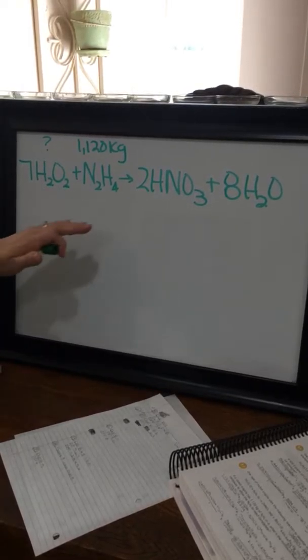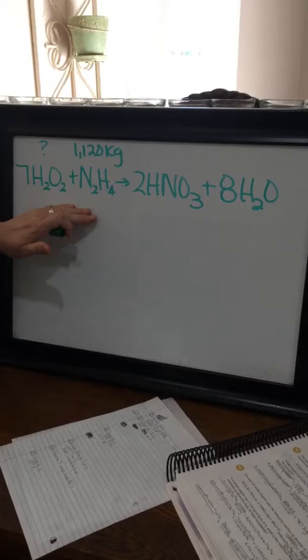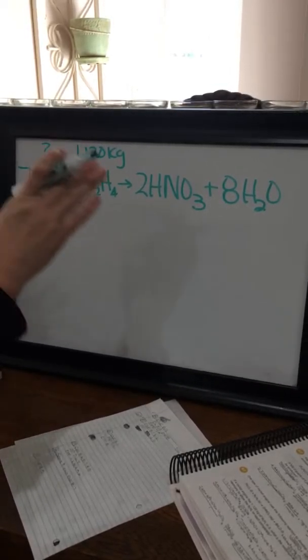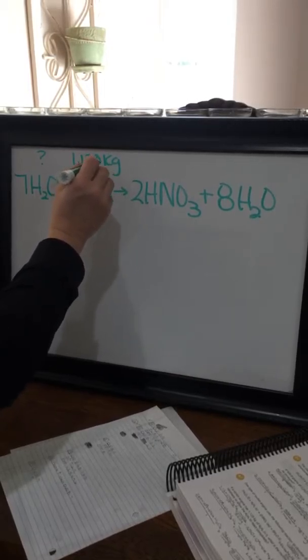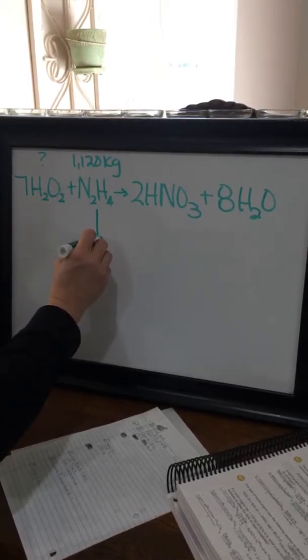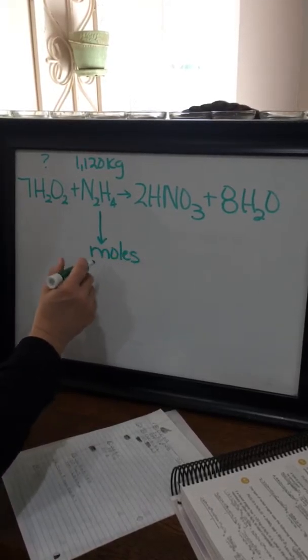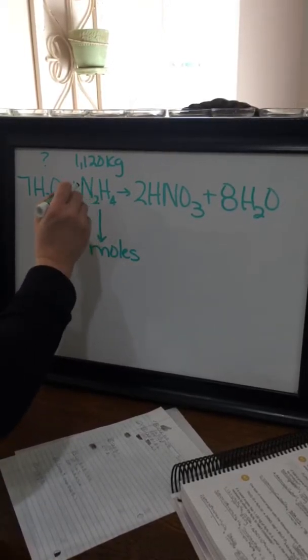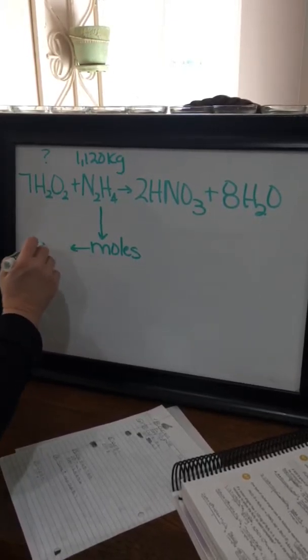The process I was telling Holland the other day is the idea that's going to help you and help you to not be confused. We're going to change this to grams, then come down and change this to moles, which is what we know through stoichiometry that we can compare. We can compare N2H4 and H2O2 in moles only.